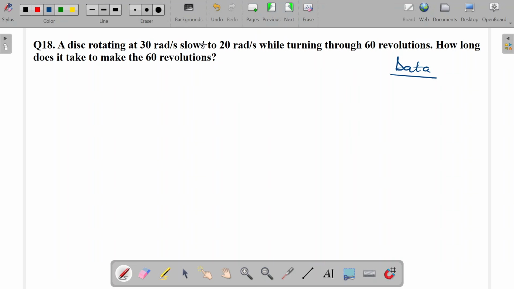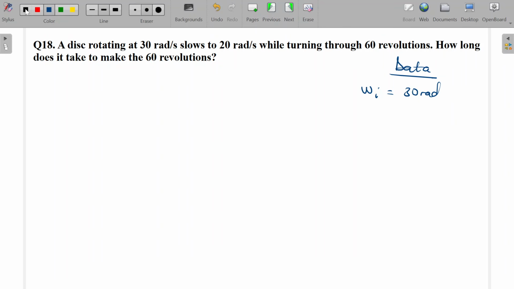They've given us the initial angular velocity, which is equal to 30 rads per second. Then they've given us our final angular velocity, which is 20 rads per second. So from what we are seeing here, this one was decelerating.